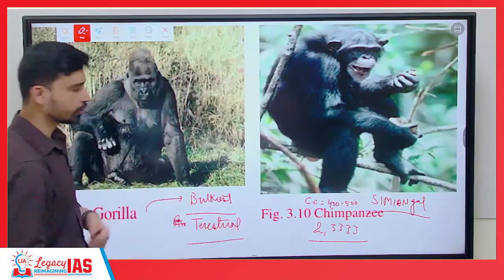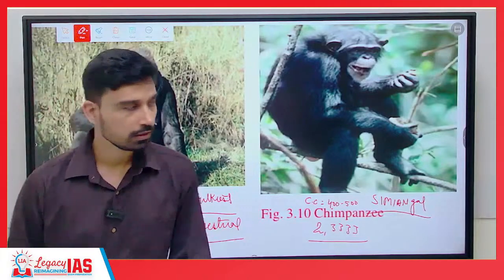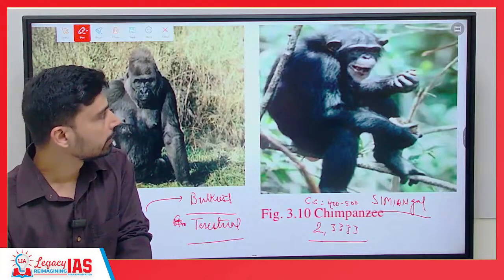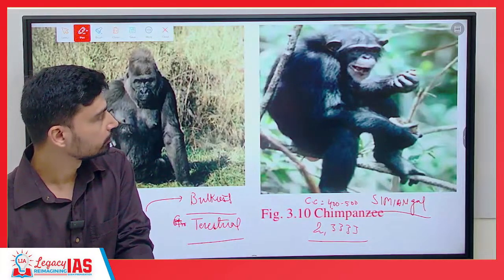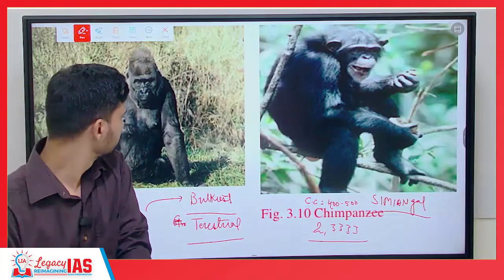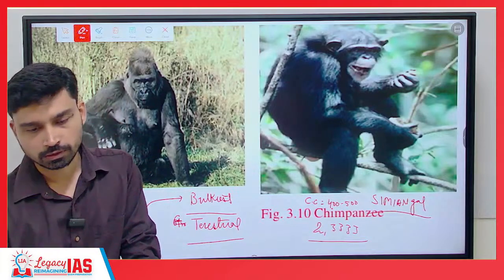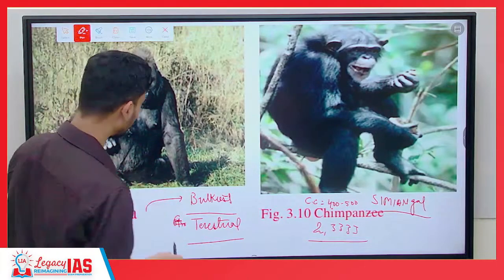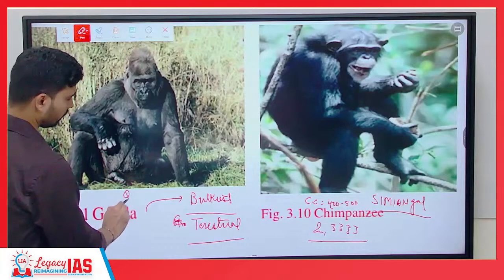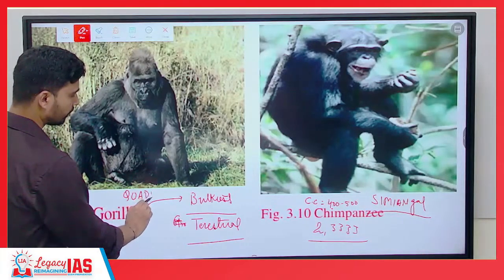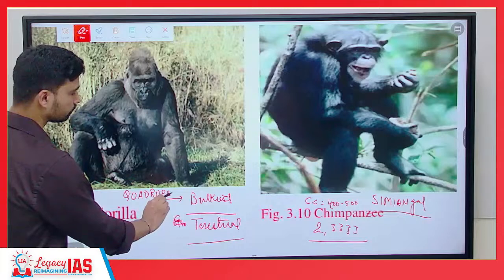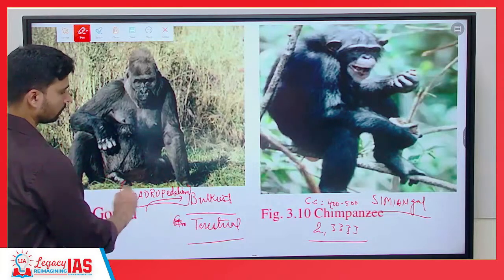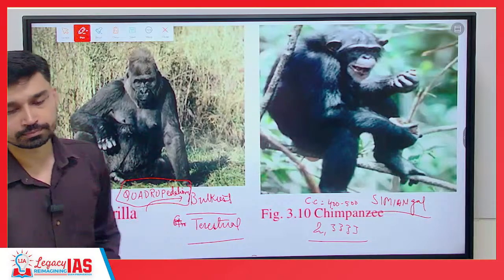Gorillas are terrestrial primates. The locomotor pattern is called quadrupedalism.